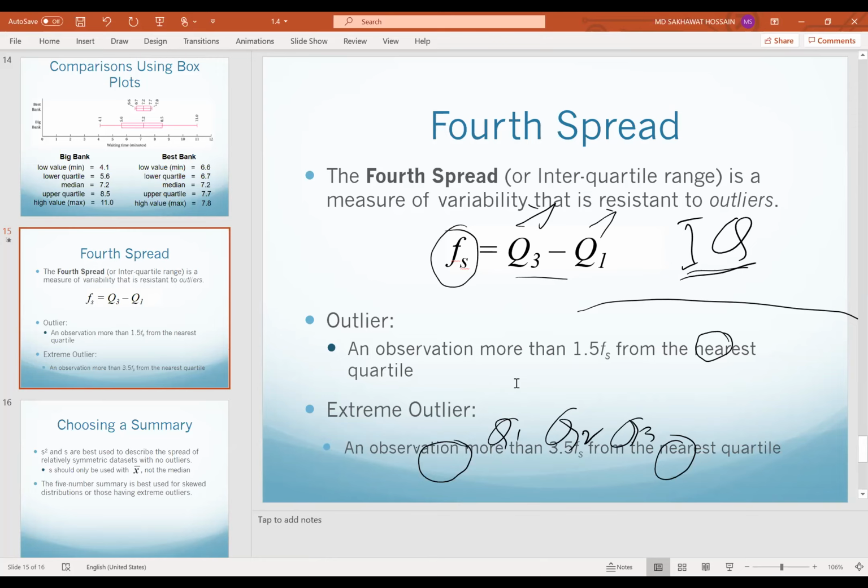An observation will be considered an outlier if the distance of this value from the nearest quartile is more than 1.5 times the interquartile range. So you calculate the interquartile range, multiply it by 1.5, and if the distance of a value from the nearest quartile is more than that, then it will be considered an outlier.